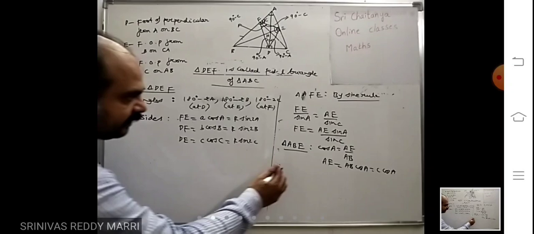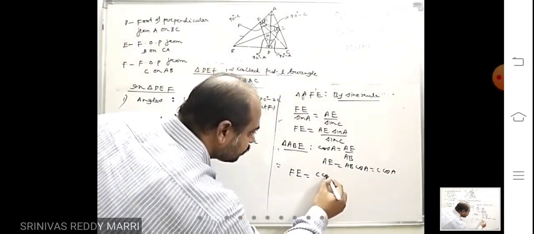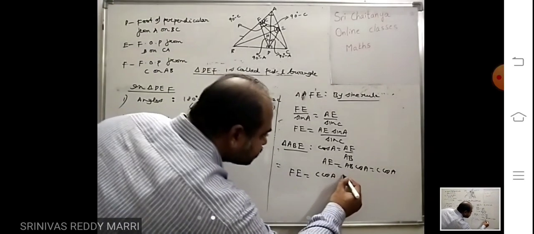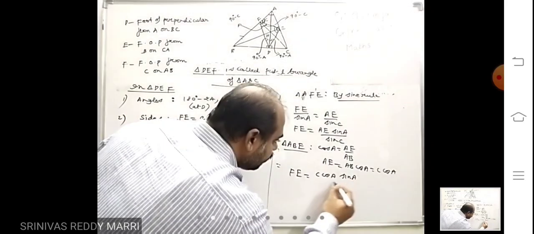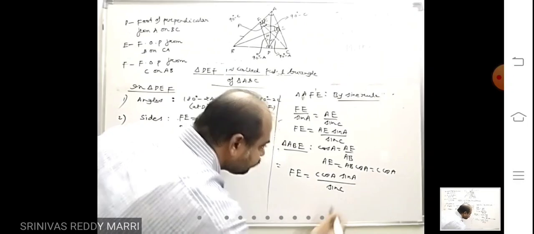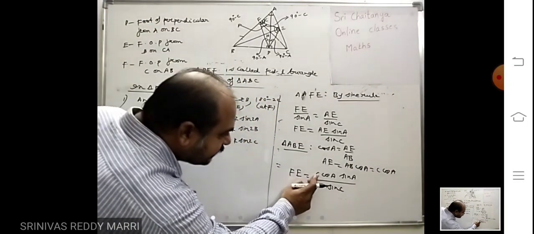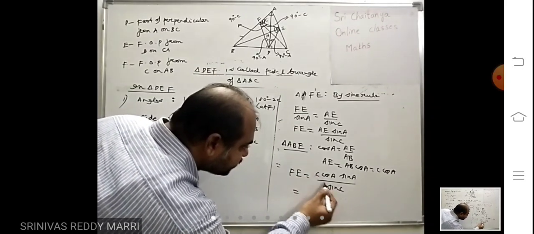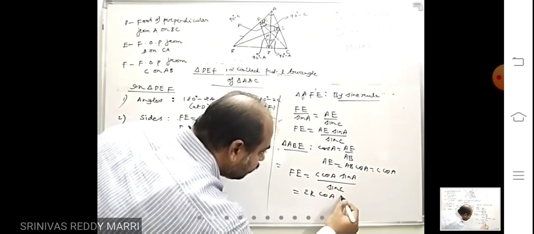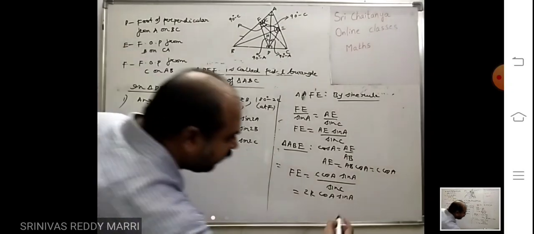That is c cos A. Therefore FE equals AE, substituting, c cos A into sin A divided by sin C. So this is nothing but c by sin C, which in a triangle is 2R, times cos A sin A.